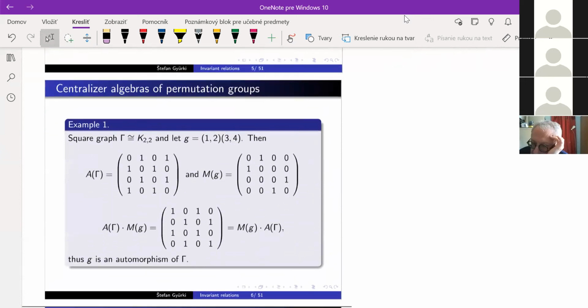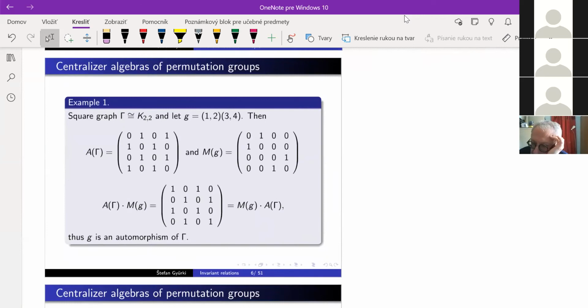So let us take an example. The graph gamma here is the complete bipartite graph K2,2, and from the adjacency matrix I can say that it was labeled precisely like this.